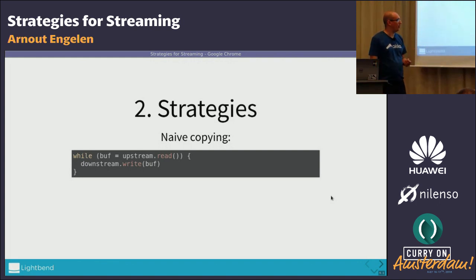There's several ways to do it. The thing I wanted to highlight with this example is that because we're waiting for data becoming available to read, and we're waiting for room becoming available to write the data, we're blocking the thread of execution.